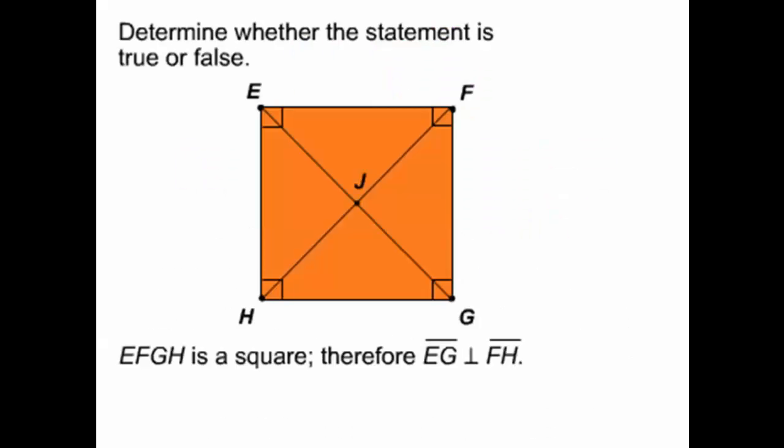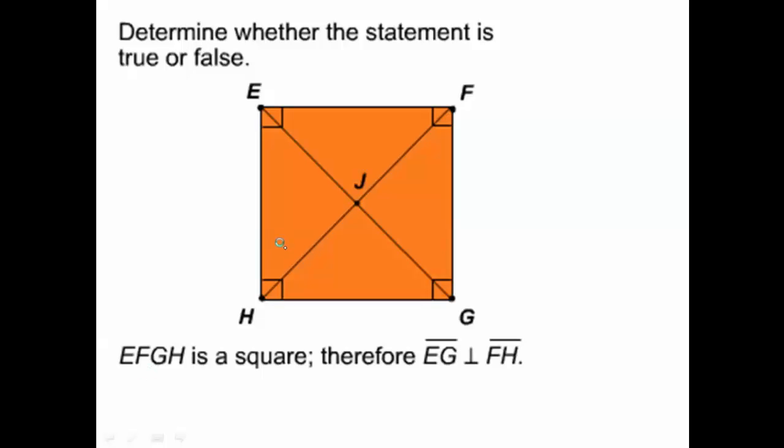Okay, I just picked up from where I left off in Class Connect, and this was the next example. I couldn't quite remember if we had covered this one or not, so let's go ahead and go over it now, because either way will be good. Okay, I'm supposed to determine if this statement is true or false, and the statement says EFGH is a square, therefore EG must be perpendicular to segment FH.